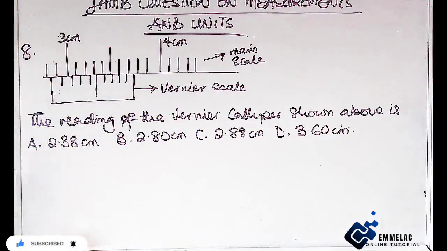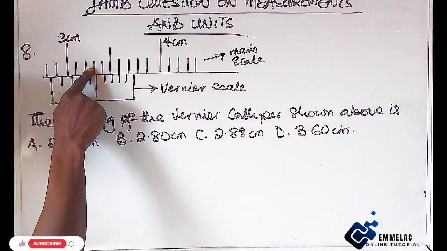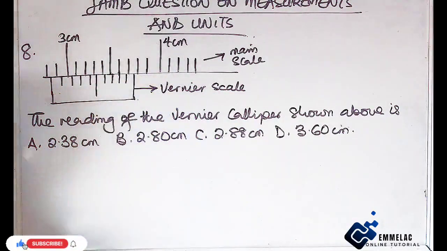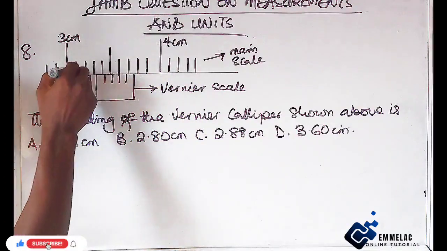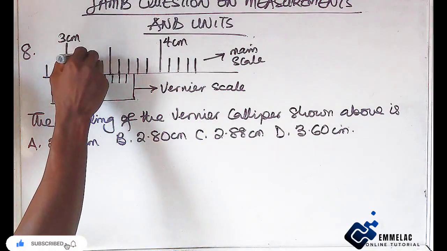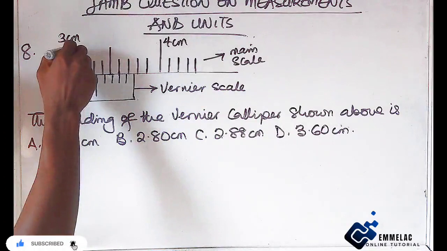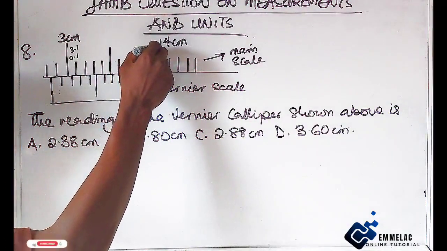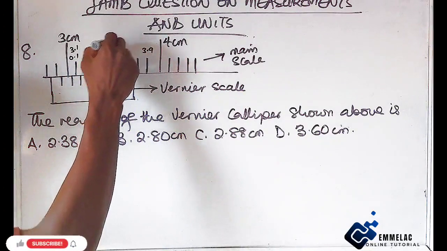First of all, let us ascertain the intervals here. This is 1, 2, 3, 4, 5, 6, 7, 8, 9, then 10. So every line here is 0.1 throughout. So here is 3.1 down to 3.9, and this is 3.5, right?